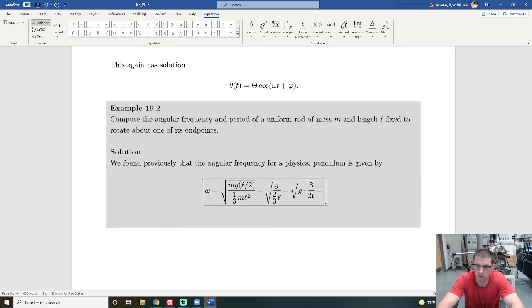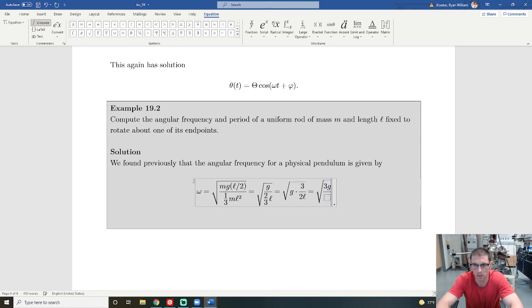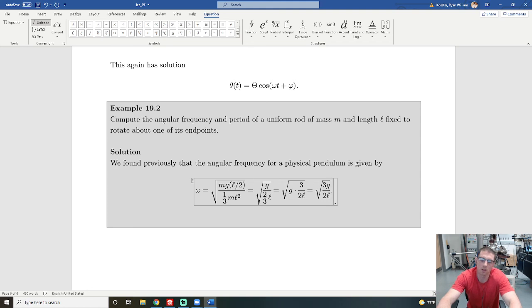And this finally becomes the square root of 3g over 2L. And so it's almost like we're just scaling the angular frequency of the simple pendulum by some numerical factor. And that numerical factor in this case is just the square root of 3/2.